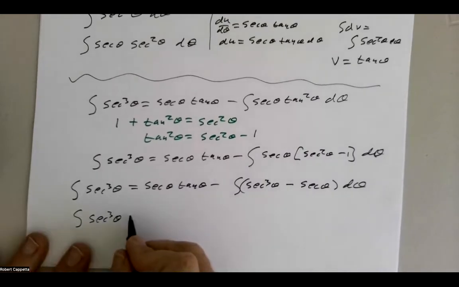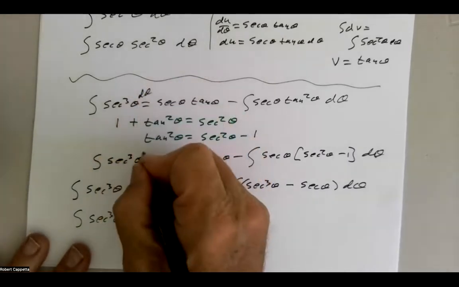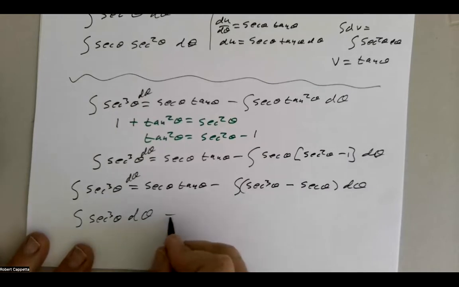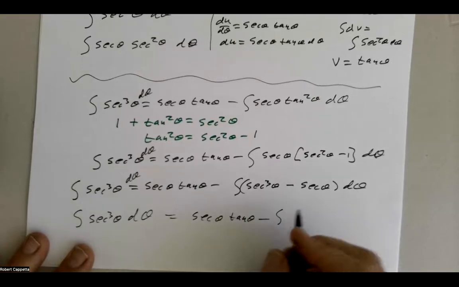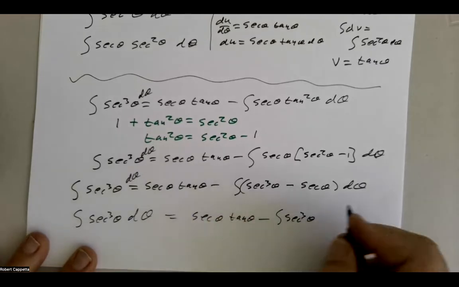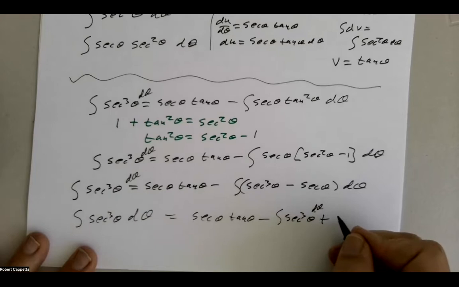Missing a lot of d thetas there. So the integral of secant cubed theta d theta equals sec theta tan theta minus the integral of secant cubed theta d theta plus the integral of sec theta d theta.